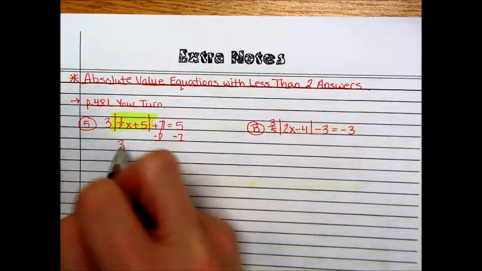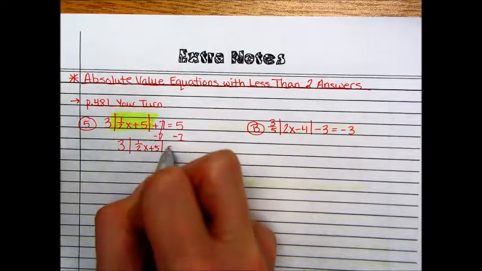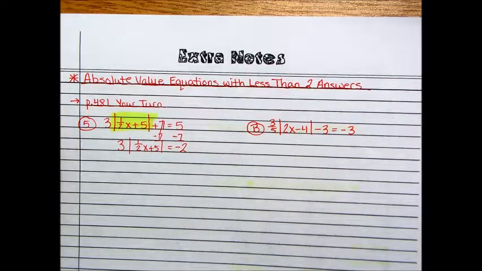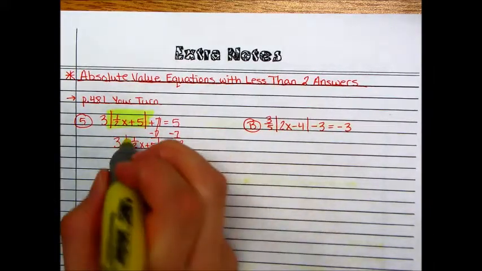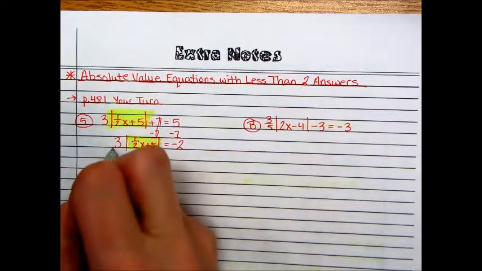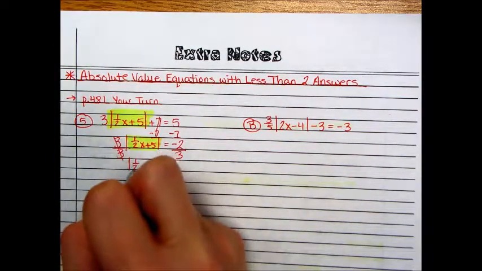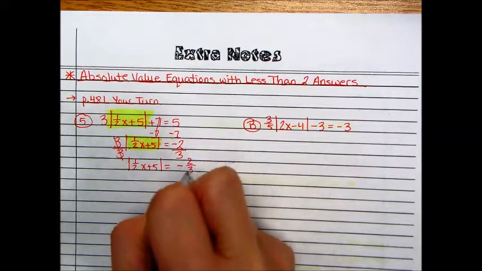So you're going to have 3 times the absolute value of 1/2 x plus 5 equals negative 2. Still need to isolate this absolute value part. So now you need to get rid of the 3. You are going to divide by 3. So you're going to have the absolute value of 1/2 x plus 5 equals negative 2/3.